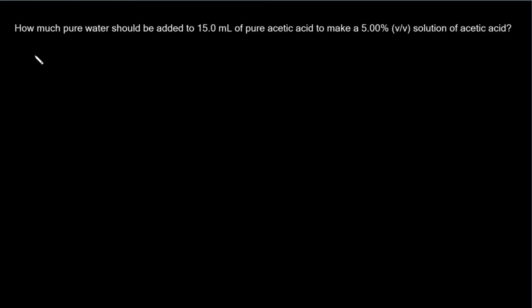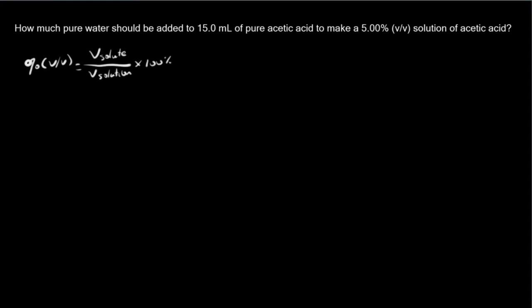If you recall the equation, the percent, and in this case it's volume, is going to be equal to the volume of the solute divided by the volume of the solution, multiplied by 100%.